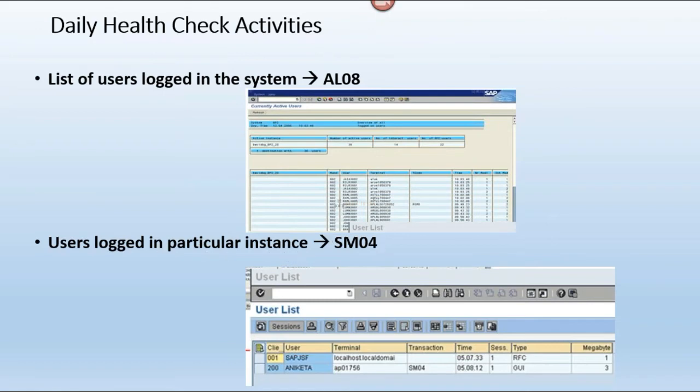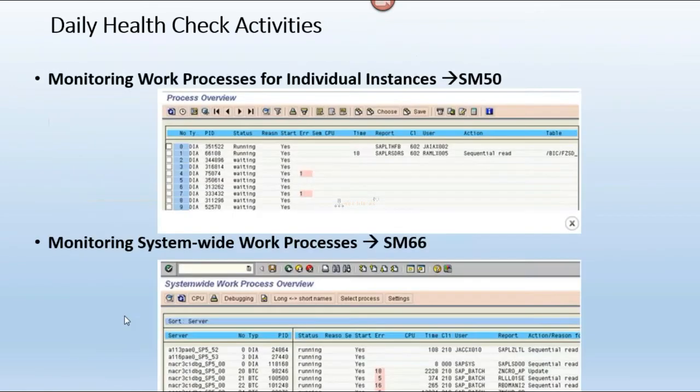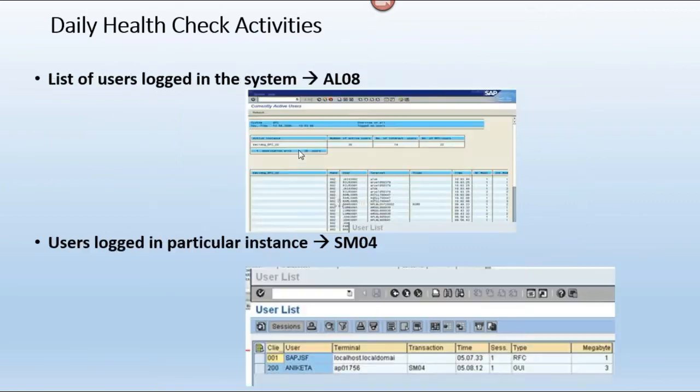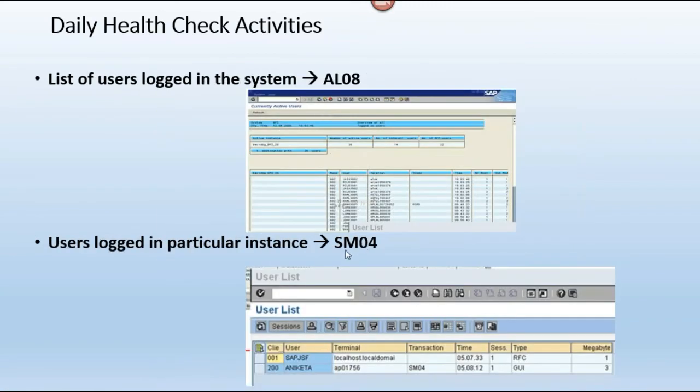How can I see this? First, connect to the instance. How can I connect to the instance? Go to SM51, select the instance, and double click on that instance. When you double click on this particular instance, you can see that instance-specific work process overview. On that same screen, you can execute SM04.